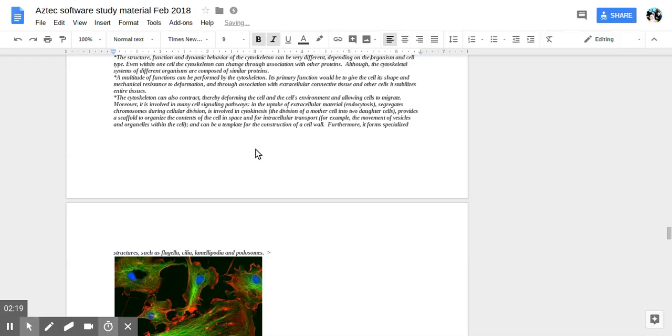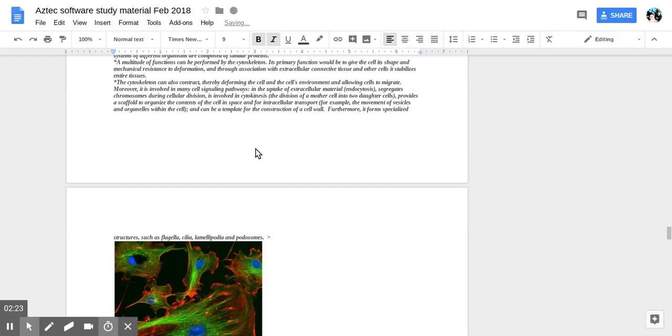A multitude of functions can be performed by the cytoskeleton. Its primary function is to give the cell its shape and mechanical resistance to deformation. Through association with extracellular connective tissue and other cells, it stabilizes entire tissues.